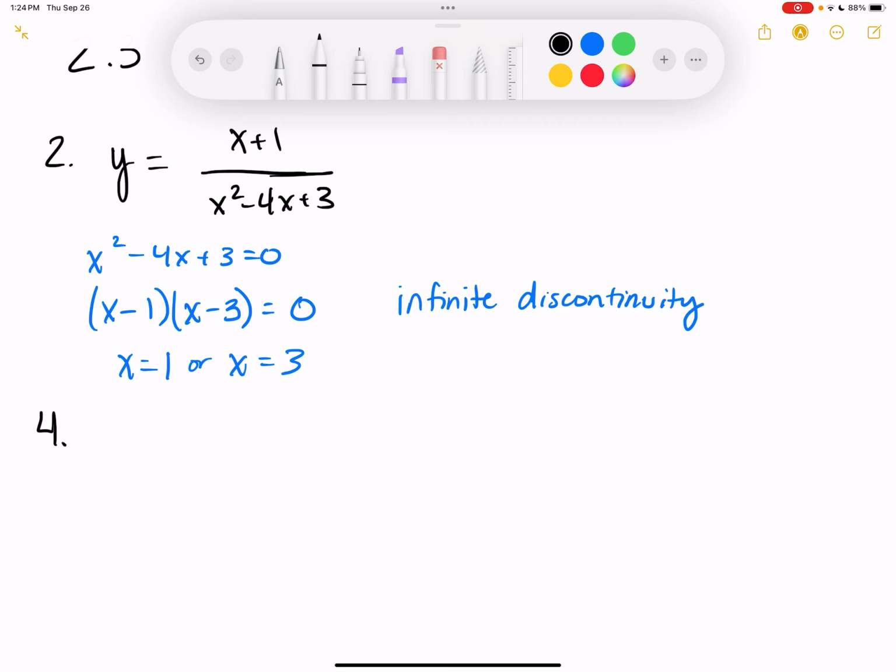Next, y equals the absolute value of x minus 1.